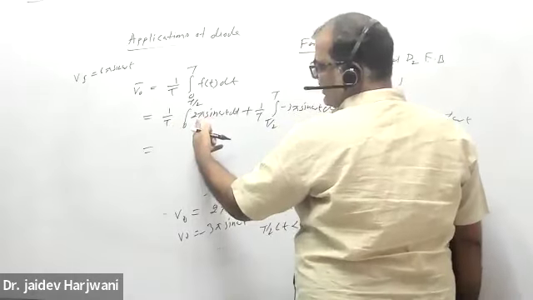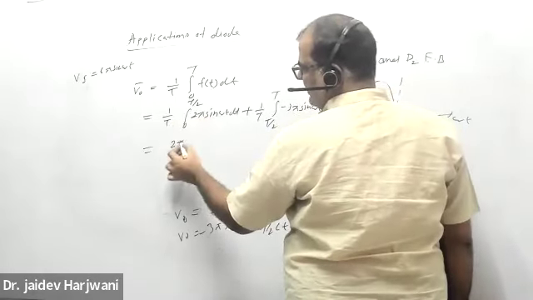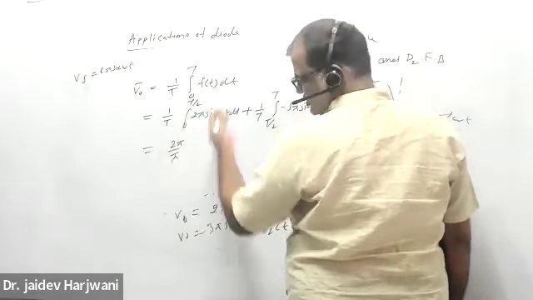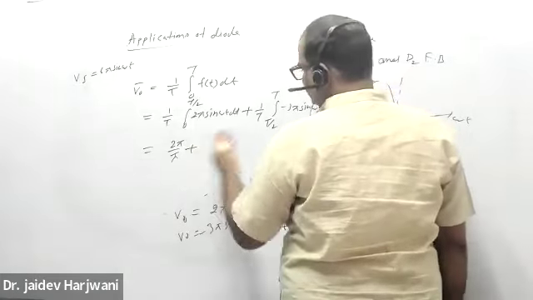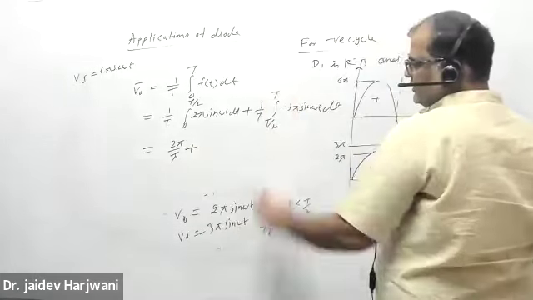It gives Vm by pi, where Vm is 2 pi, so 2 pi by pi. You can solve and check it.